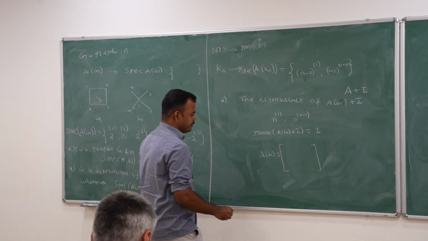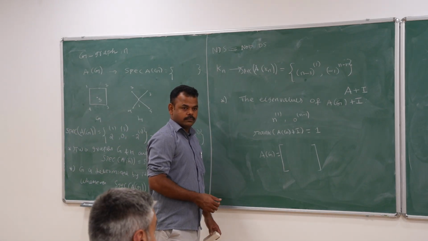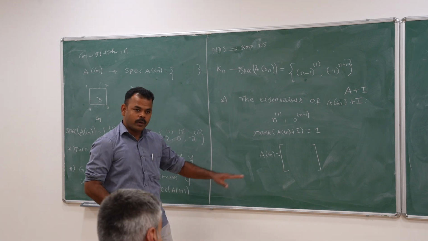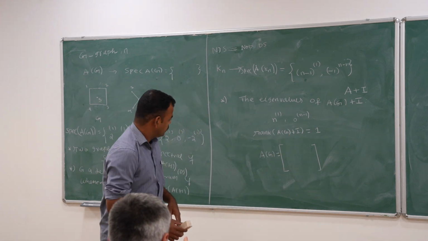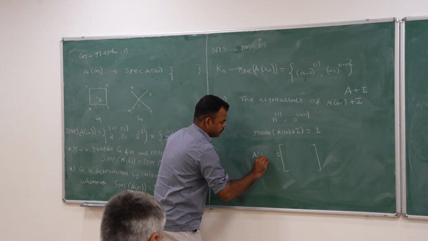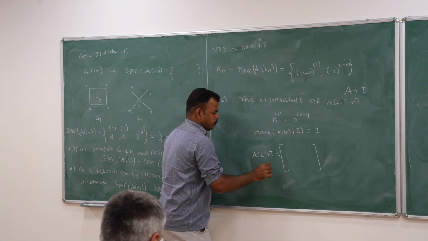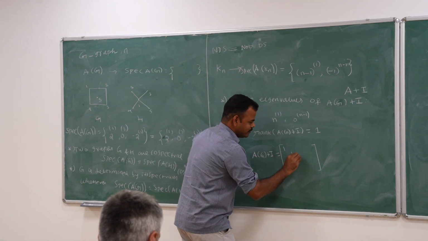We know only that every row is a linear multiple of one of its rows, but it is A of G plus I. Yes, very good: the diagonals are 1.